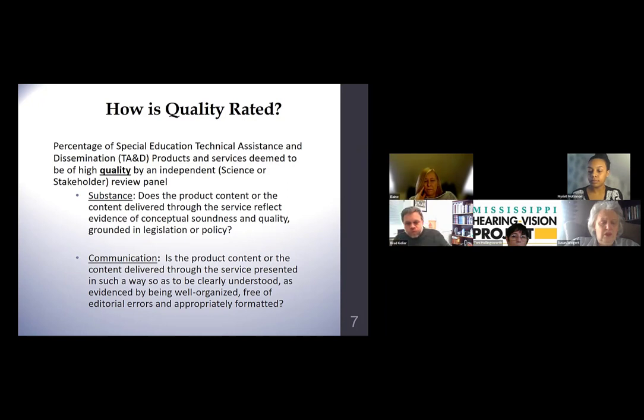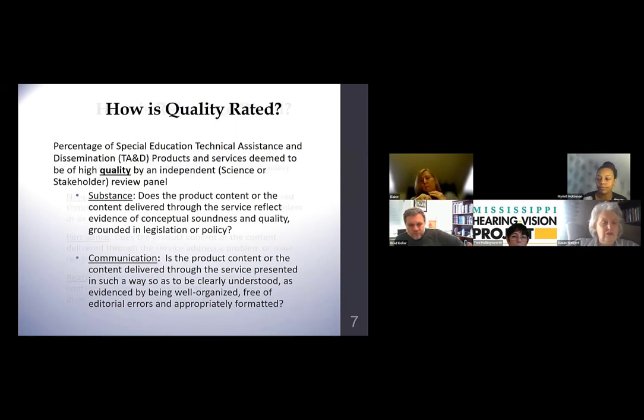In addition, the score for the substance dimension is double weighted, which means that services can receive 0, 2, 4, or 6 points for substance. Together, the two dimensions add up to as many as 9 points, and all scores of 6 and higher are considered high quality products or services. So that's kind of in a nutshell how these are scored by the raters who look at them.